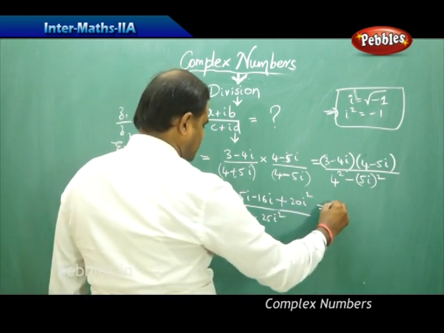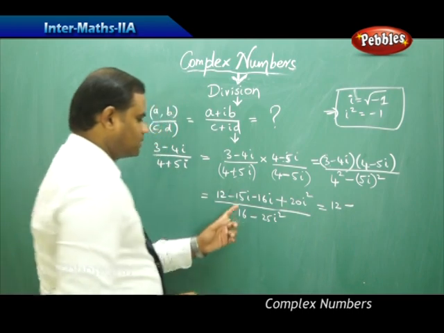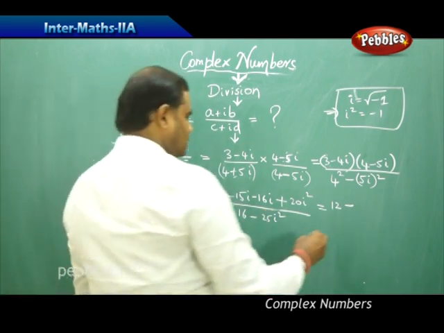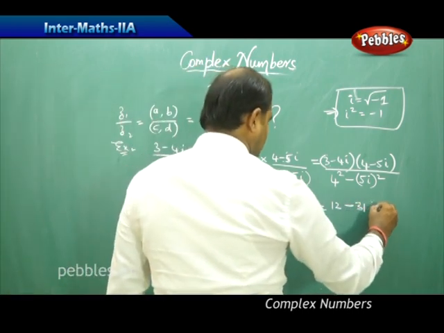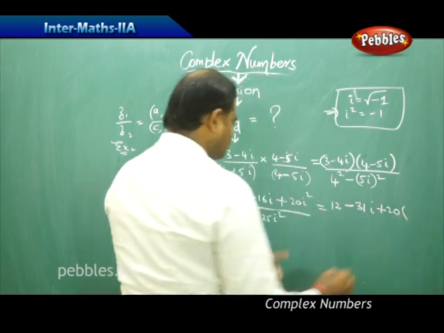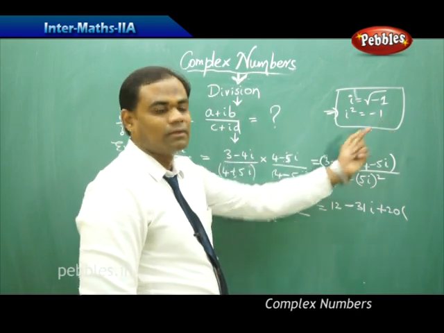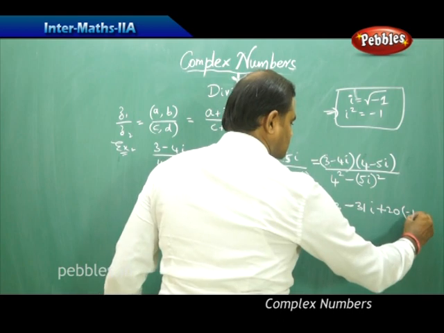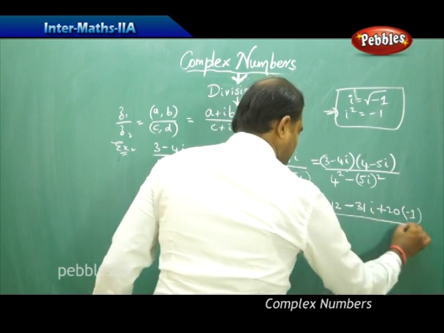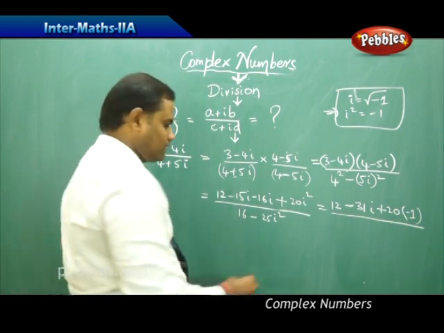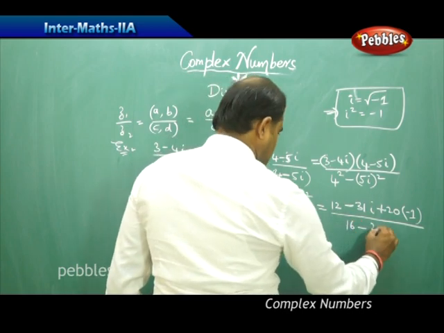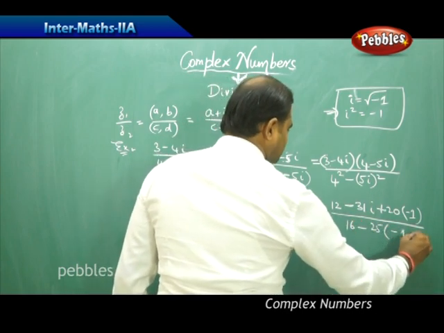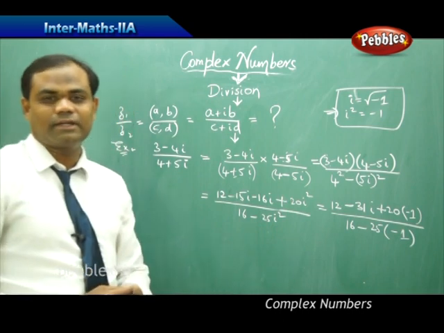Therefore, when I simplify, 12 minus 15i minus 16i, that is minus 31i, plus 20 times i squared, which is minus 1. So in place of i squared, I substitute minus 1. And similarly, in the denominator, I have 16 minus 25 i squared, where minus 1 is substituted in place of i squared.